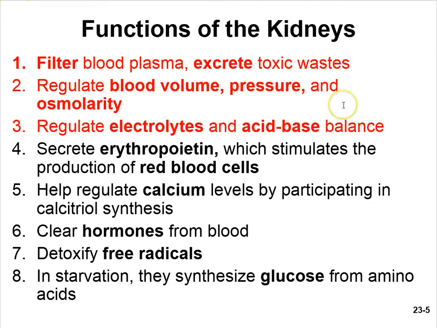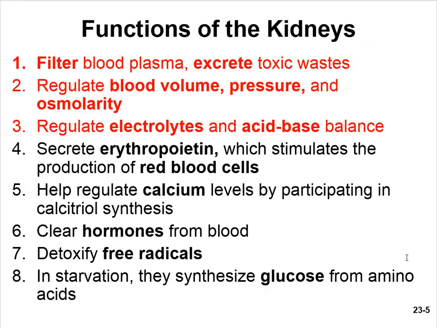Remember, osmolarity has to do with the amount of solutes in the solutions of the body. They help to regulate electrolytes and acid-base balance. They secrete erythropoietin, which, as we already know, stimulates the production of red blood cells. They help to regulate calcium levels by participating in calcitriol synthesis.